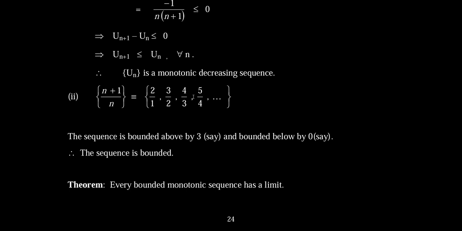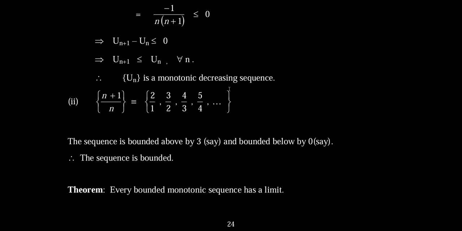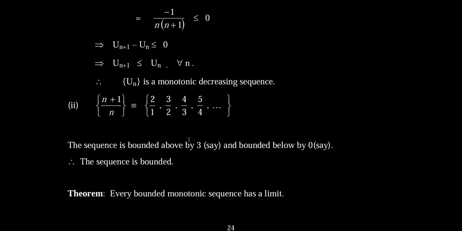But one thing you realize is that this sequence is continually decreasing, approaching 1. It's decreasing to approach 1. So the sequence is bounded above by 3, because the largest number you can get is around 2, but to be on the safer side, because 3 is not in the set, we use 3.